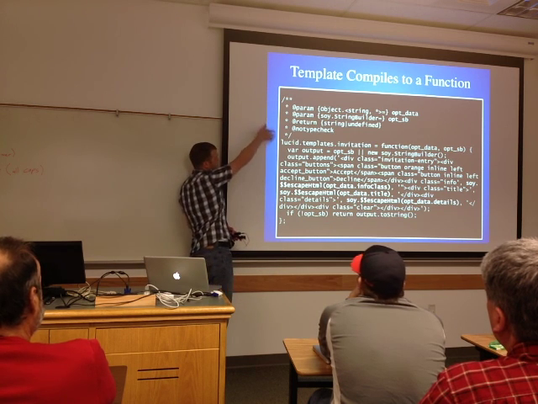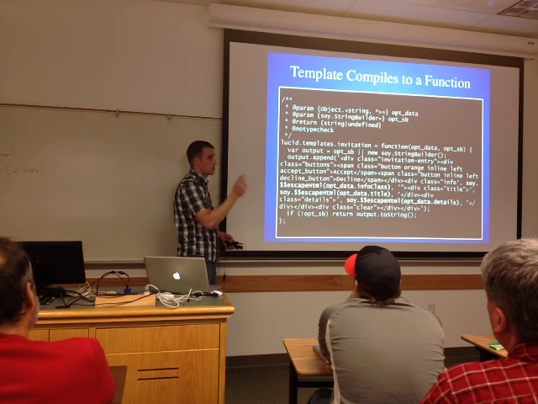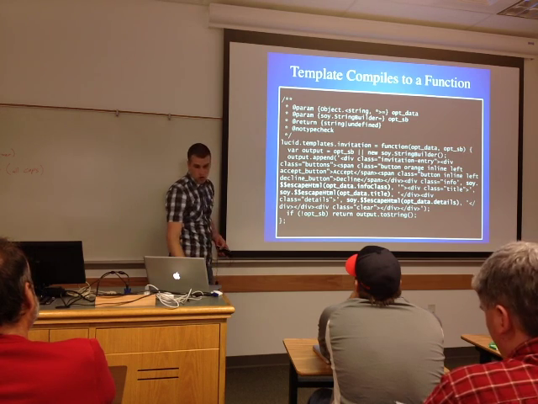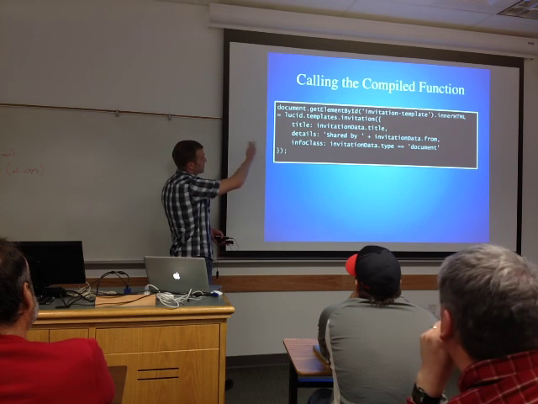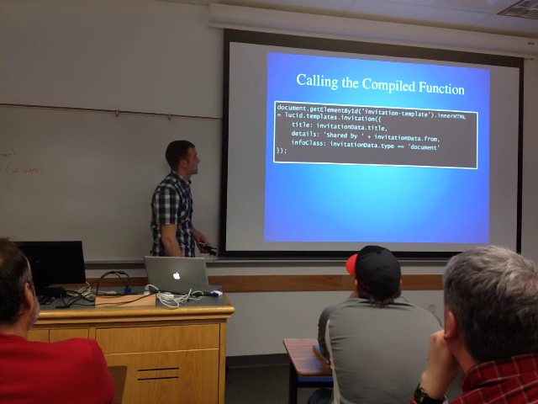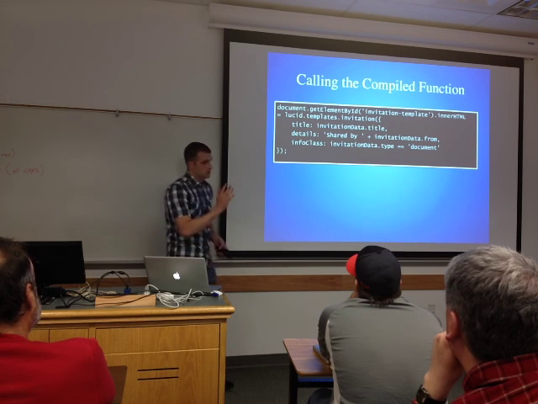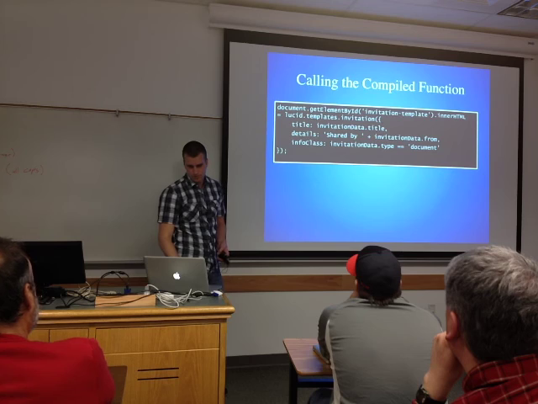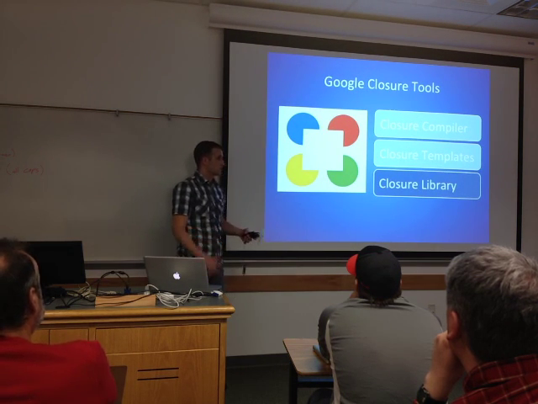And so it produces this comment block, and this just gets included with another of your goog.requires for this template file, and then you can call that just as a method here. So you have this get element by ID, set your inner HTML to, you call that lucid.templates.invitation, you pass in an object with those keys and whatever you want to be passing into that, and you get your DOM.